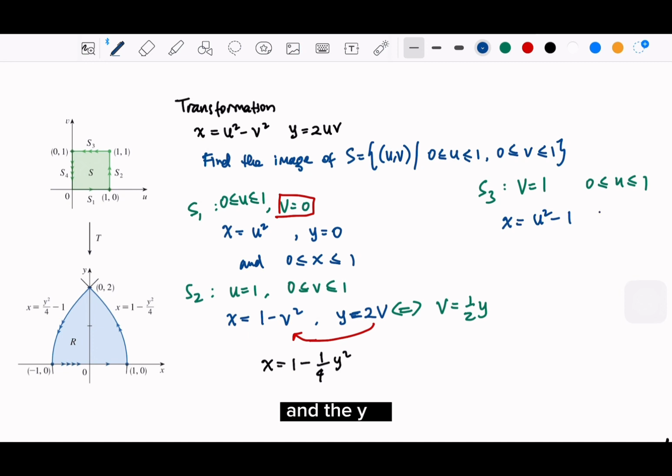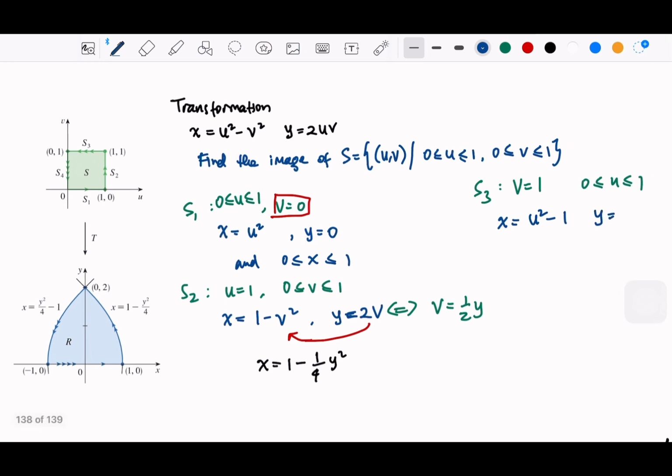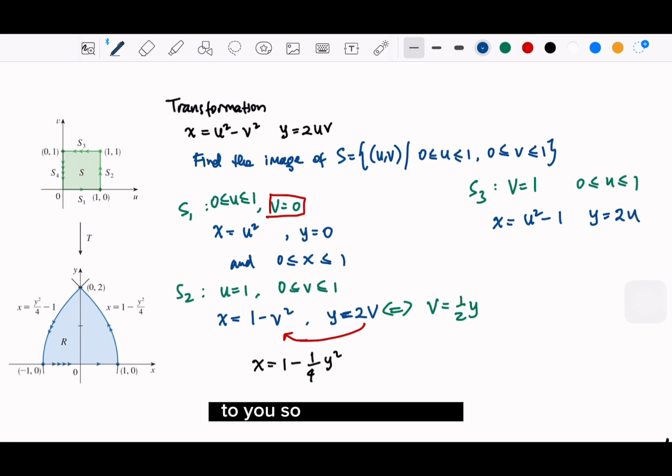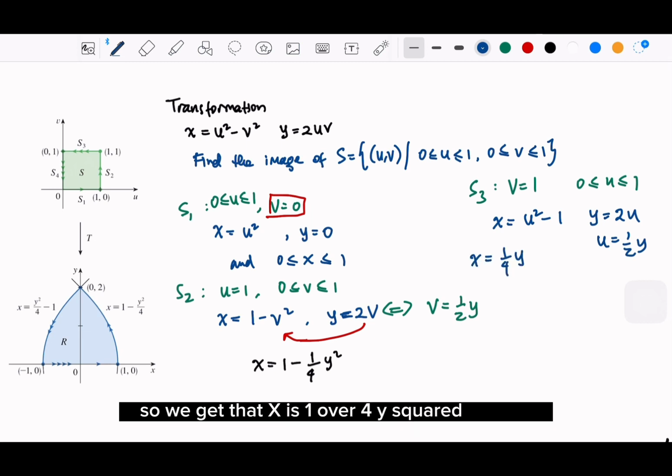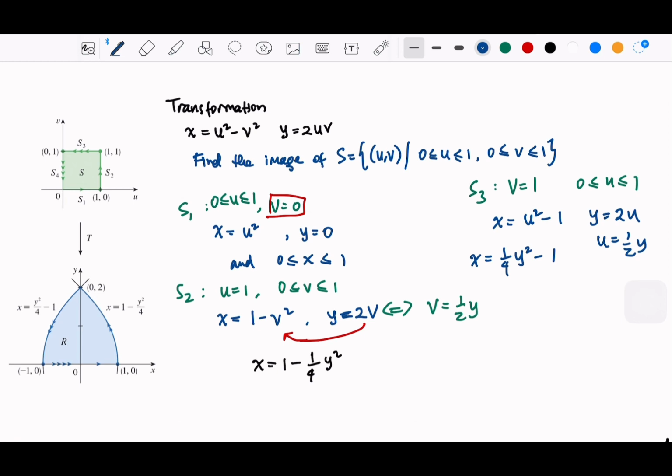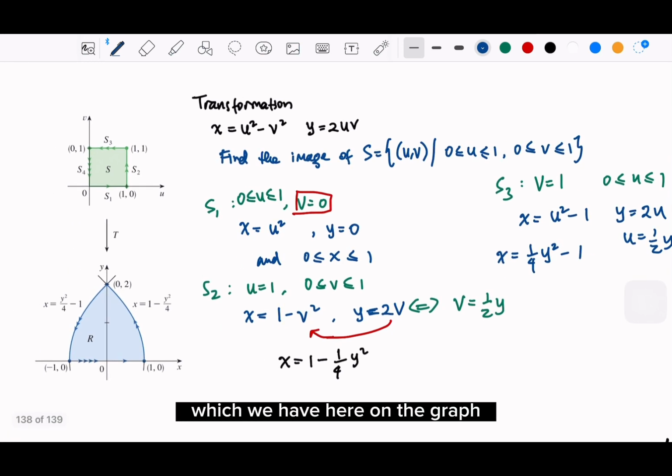And the Y is 2U, so U will be half Y. So we get that X is 1 over 4 Y squared minus 1, which we have here on the graph.